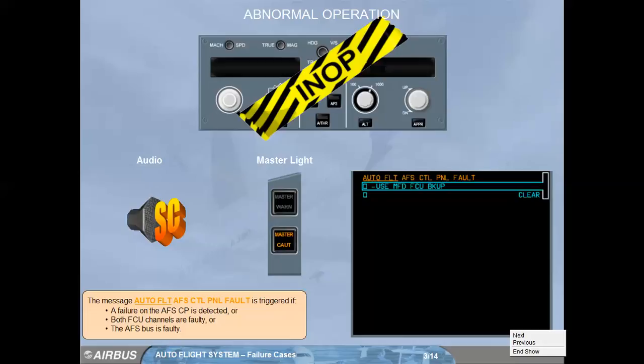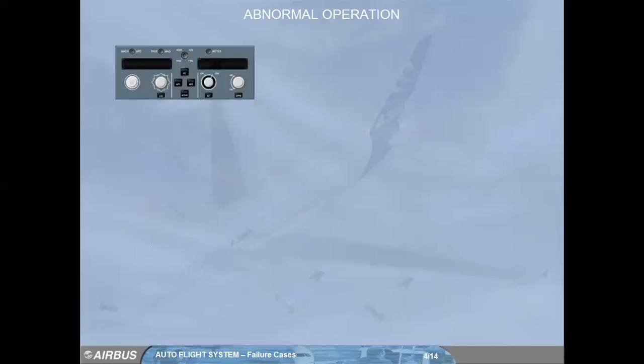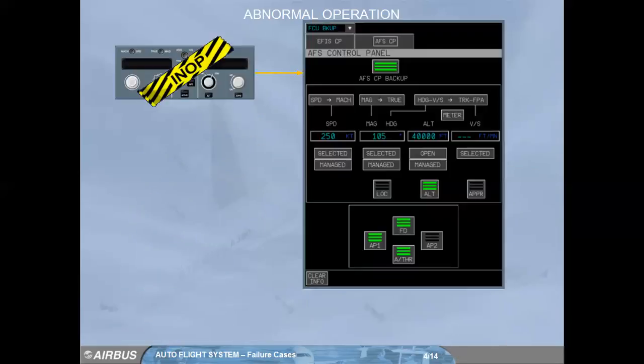Auto flight system control panel fault is triggered if a failure on the auto flight system control panel is detected, or both FCU channels are faulty, or the auto flight system bus is faulty. The crew has to use the AFS control panel page of the MFD, the FCU backup.